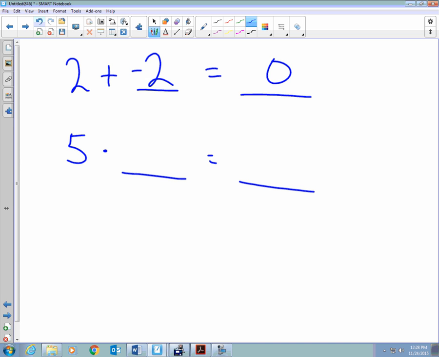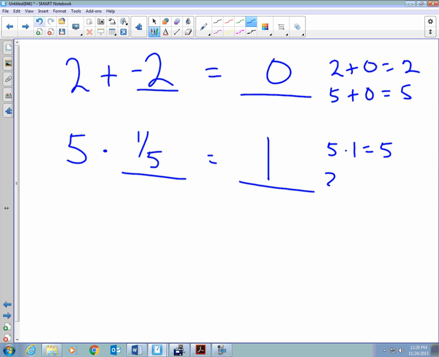That's why they are inverses, because they sum to 0. And 0 is what we call the additive identity, because anything that you add to 0, you get itself, right? We learned that many years ago. And with multiplication, the multiplicative inverse of 5 is 1/5, because when you multiply them together, you get 1. Because 1 is the multiplicative identity: when you multiply anything by 1, you get itself. That's the definition of an identity.